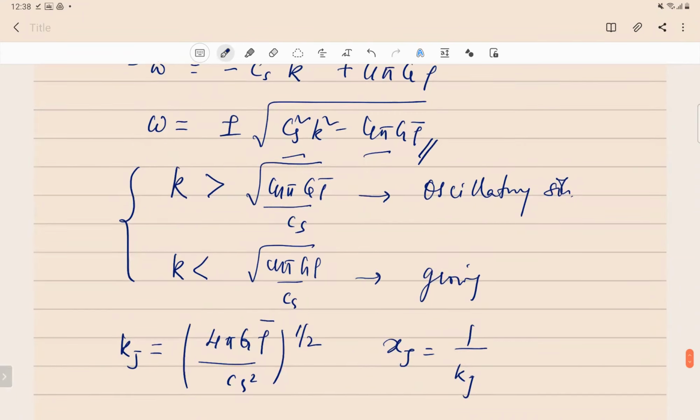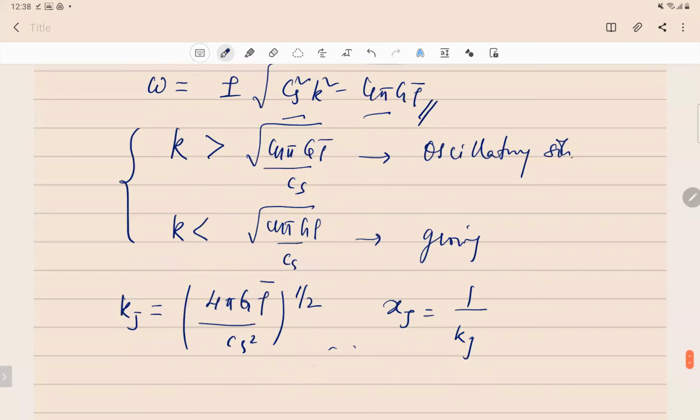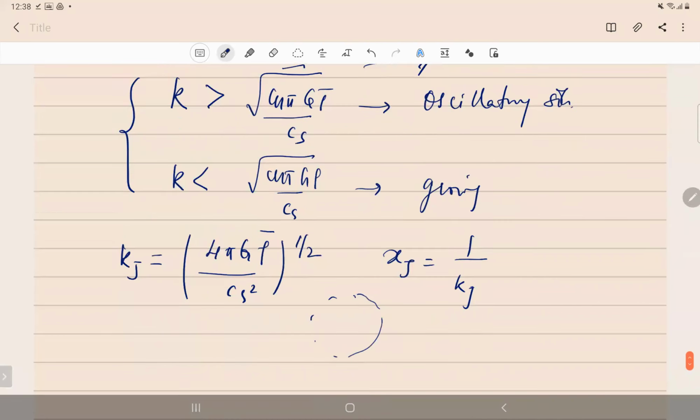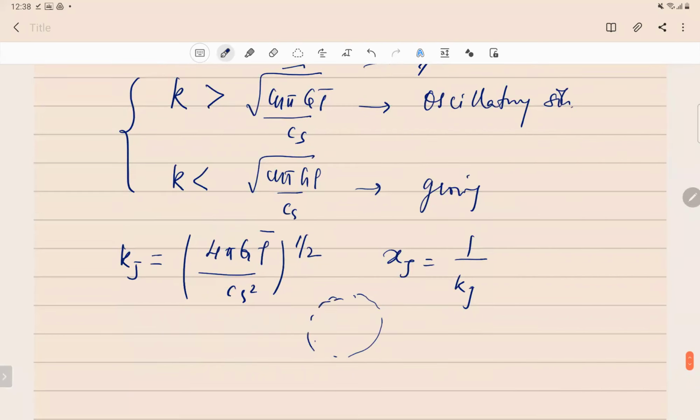And you can clearly see what it means for a system undergoing gravitational collapse to have pressure support. If you have this region and there is some domain, and you're looking at scales x greater than xJ, then you would have growth of structures.